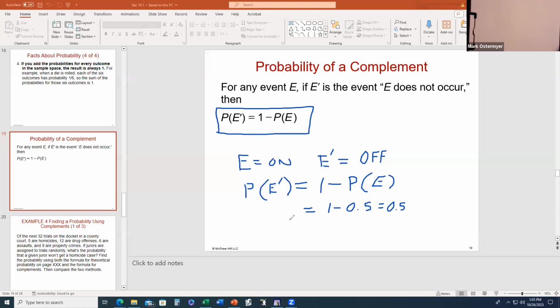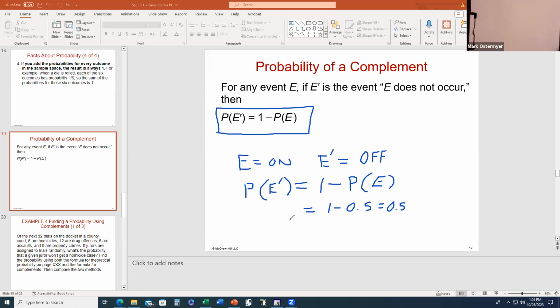All right, here's another example. Suppose I define event E to be that I select a face card from a standard deck of cards. What would be the complementary event to that event? The complementary event of event E being that I select a face card from a deck of cards would be saying E prime is equal to what?